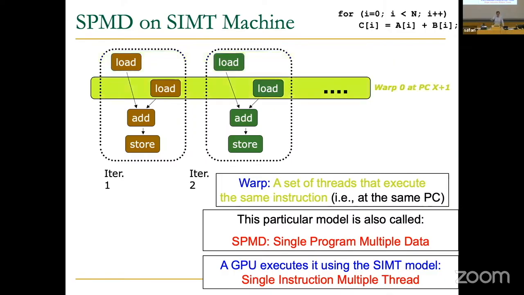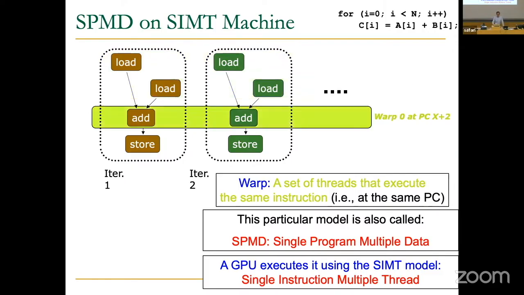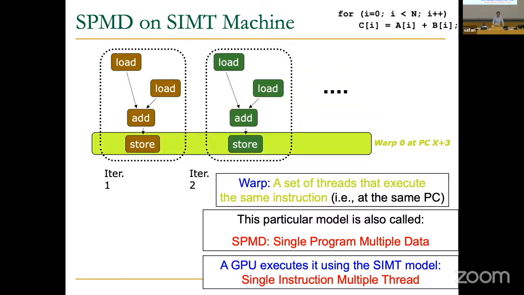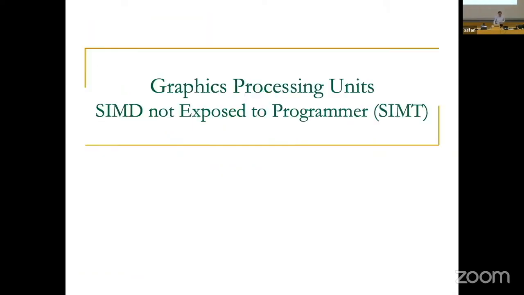And this is warp 0 that goes to the next instruction, PC X plus 1. This is warp 0 that goes to the next instruction, PC X plus 2. And warp 0, PC X plus 3, okay? So basically, you can treat these different threads that are executing the same operation as a set of warps that execute the same operation. Okay, we're going to see how that is executed soon.